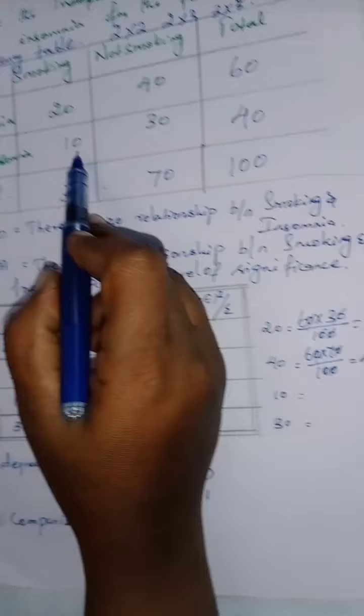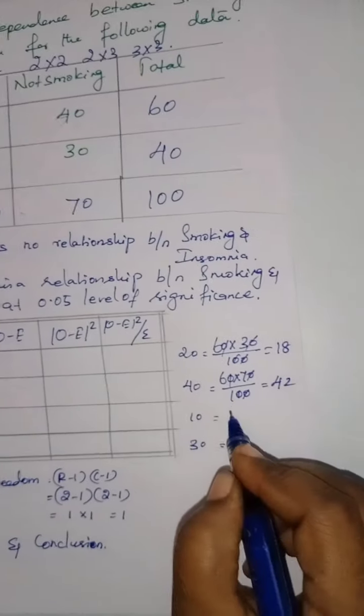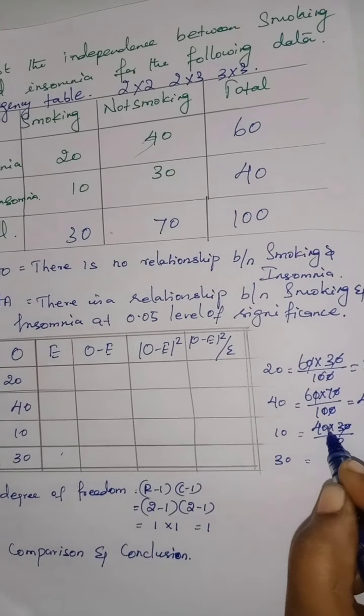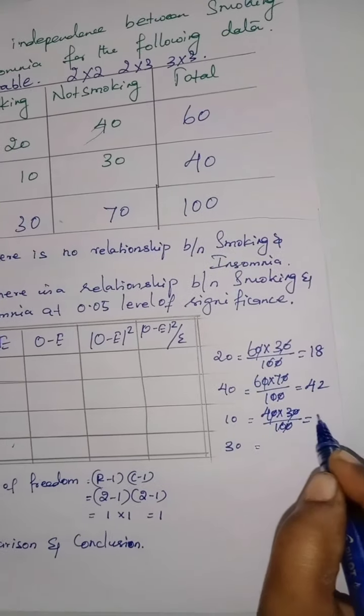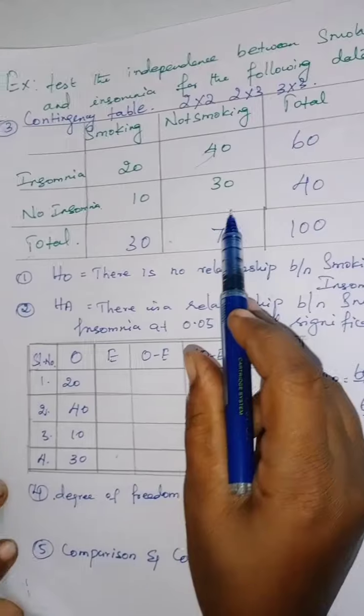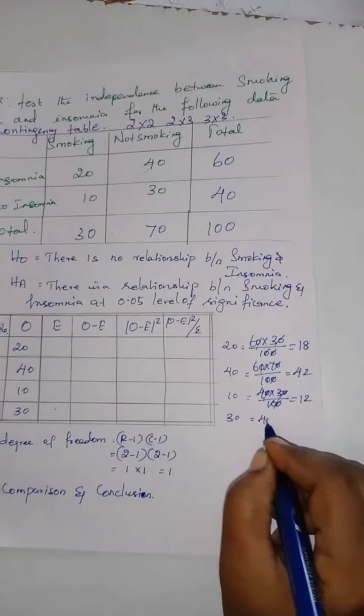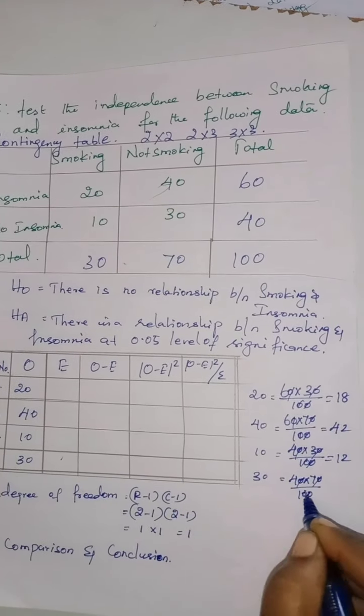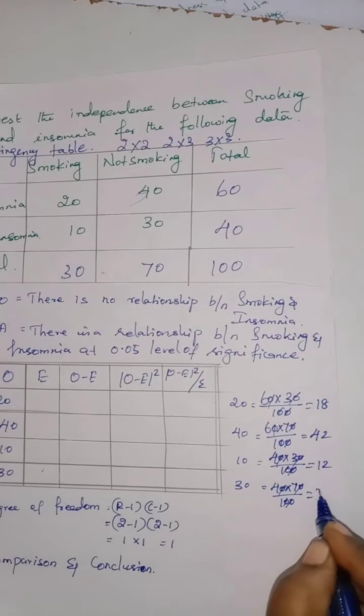For 10, the row total is 40 and the column total is 30, grand total is 100. Similarly, 4 3s are 12. For 30, the row total is 40 and the column total is 70, grand total is 100. When we simplify, 4 7s are 28.